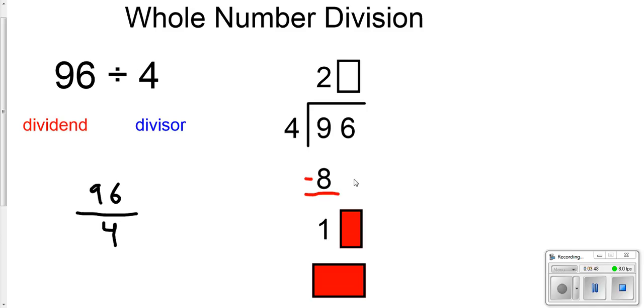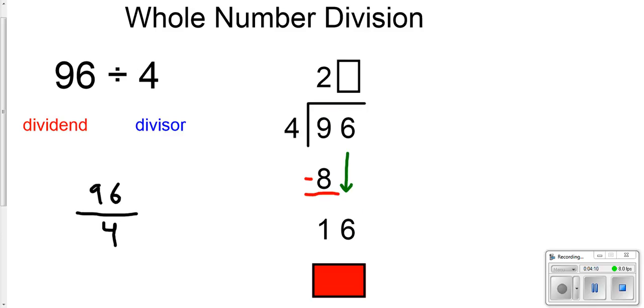Now we need to bring this 6 down. That gives us this number, 16: the 1 from over here and the 6 that we brought down. 4 goes into 16 how many times? Kind of like how we did with the 9, but now we're doing it with 16.